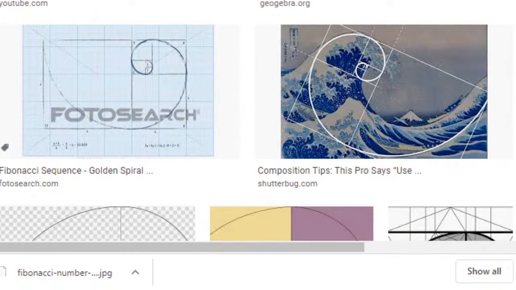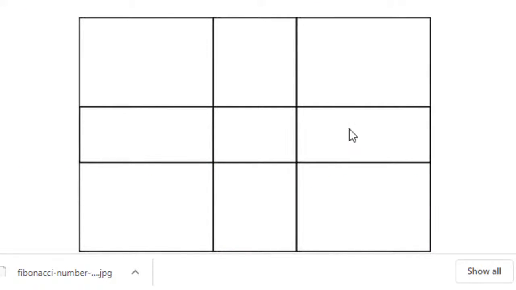We talked about the Fibonacci spiral or golden spiral, as well as the golden ratio grid, very similar to the rule of thirds grid, but rather than being 3 equal parts, it uses that 1 to 1.608 ratio to come up with slightly adjusted intersection points and zones that you can use, particularly if you use multiples.